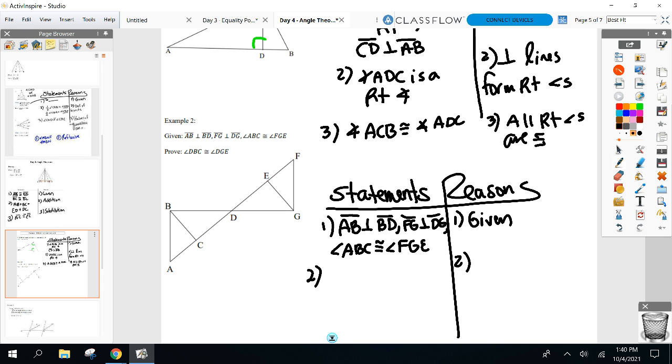Mark all your congruent angles. Looks like I got perpendicular lines, so you guys have right angle symbols on your diagram too.